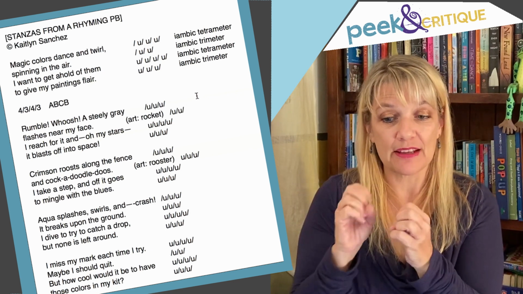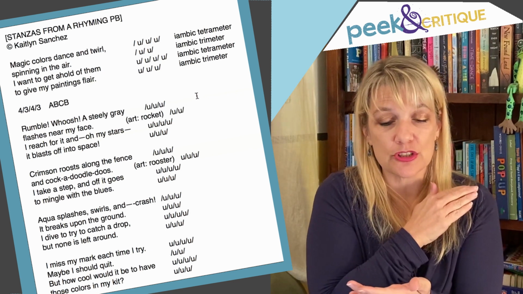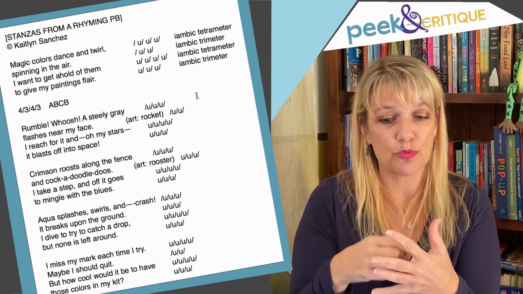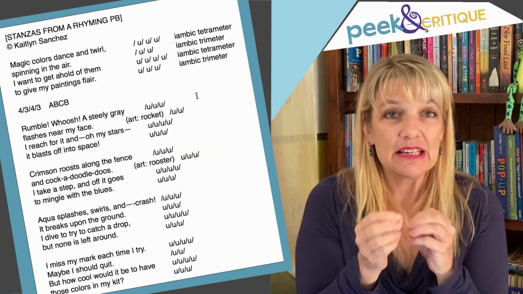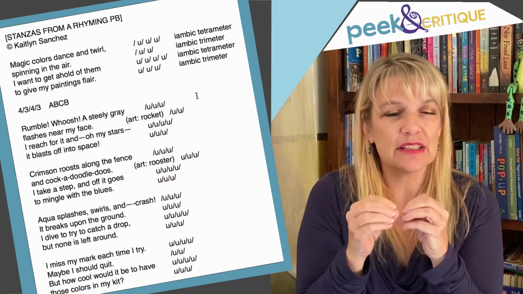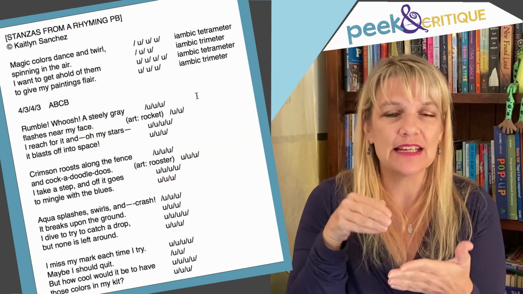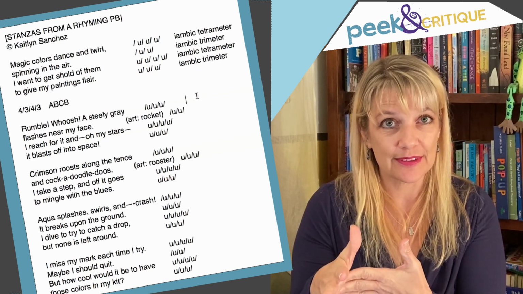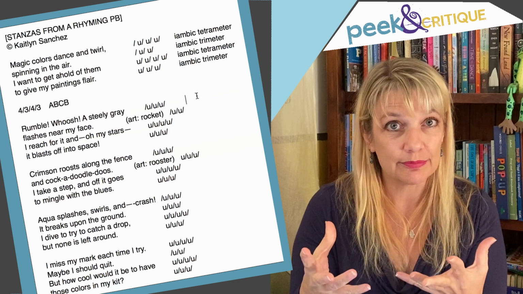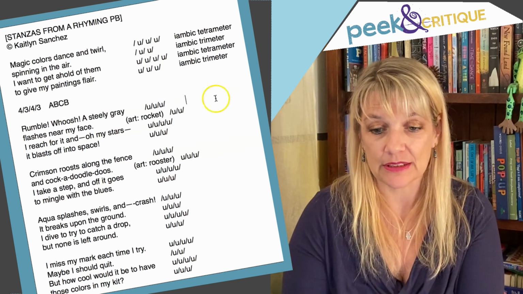So the fact that we've lopped off that first unstressed beat works really well. It gets us right in there. Rumble, whoosh, it's dramatic. So there's a little lopping, making this headless gives it that extra drama to get us right into that line and feel that rumble and that whoosh. It's stronger in this way, in my opinion.